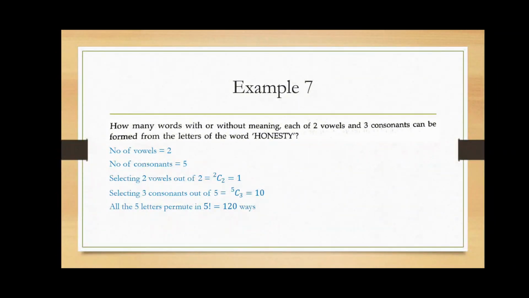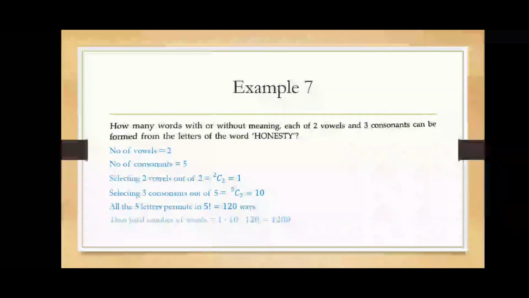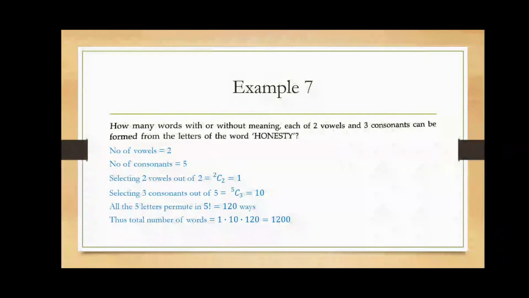So the total number of ways of forming 5-letter words out of the letters of the word honesty is all these things multiplied: 1 into 10 into 120, that gives you 1200 ways. So you can make 1200 different words out of the 2 vowels and 3 consonants of the word honesty.